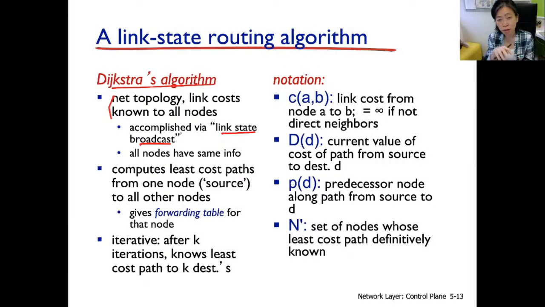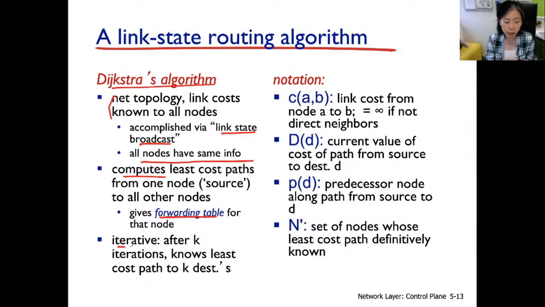That information from each router needs to be broadcast around the entire network until every router receives the link state broadcast report from every other router. Then all nodes will converge to the same information, the same network topology and link cost, and therefore begin to compute the least cost path. Once the computation is done, we get the forwarding table to install to the data plane.